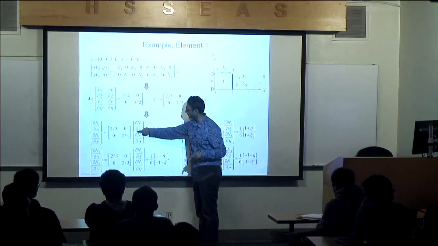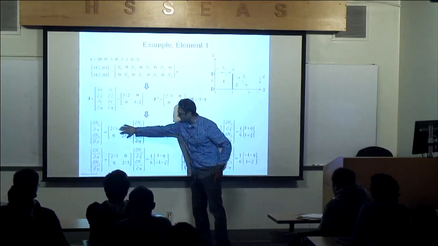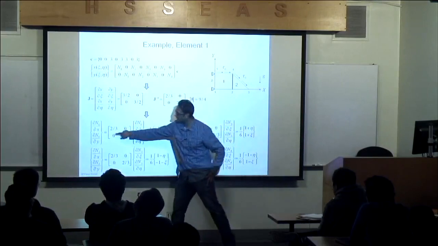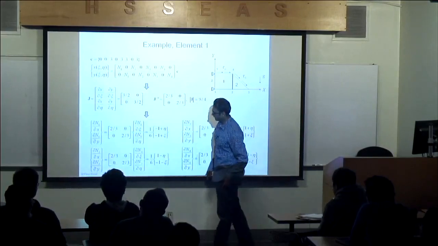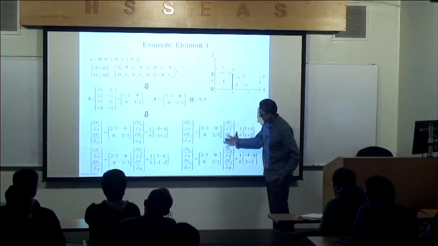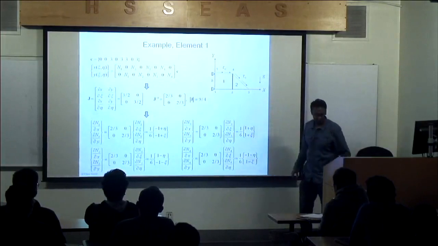If you find that derivative and you multiply this column times that matrix, you get this equation. So I'm able to calculate these values, and I do this for shape functions 2, 3 and 4. Okay? So I get this.